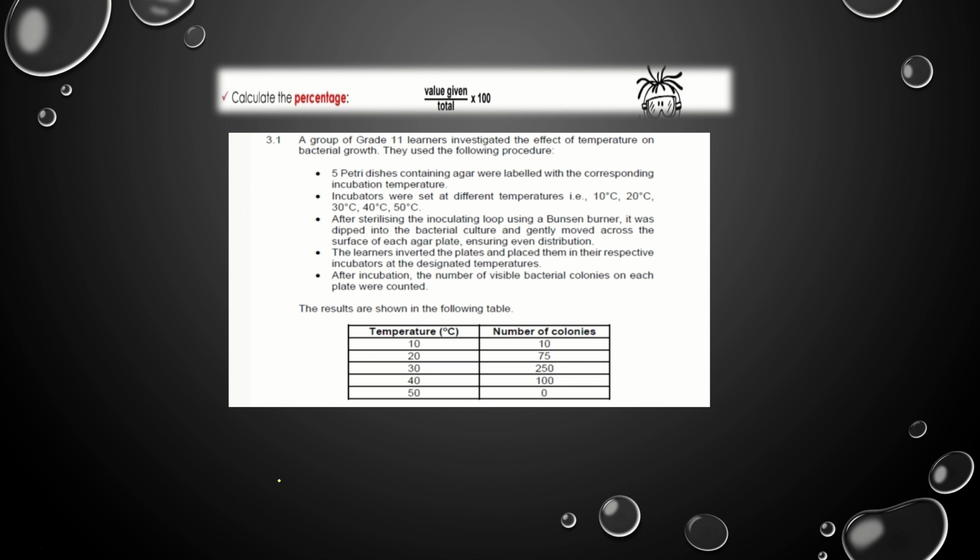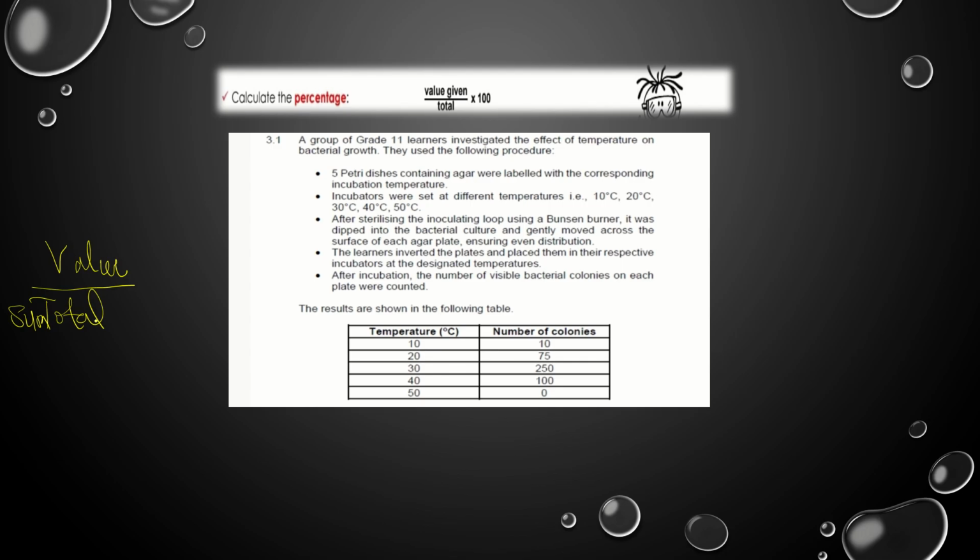So now let's continue. Now we're calculating percentage. The rule with percentage, I always say, is what is the value that they want the percentage of, and what is the total, the sum total.